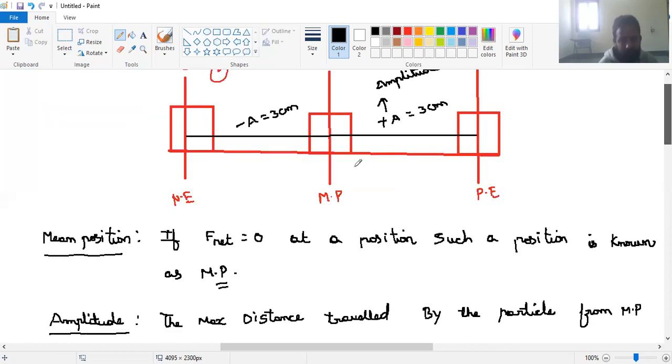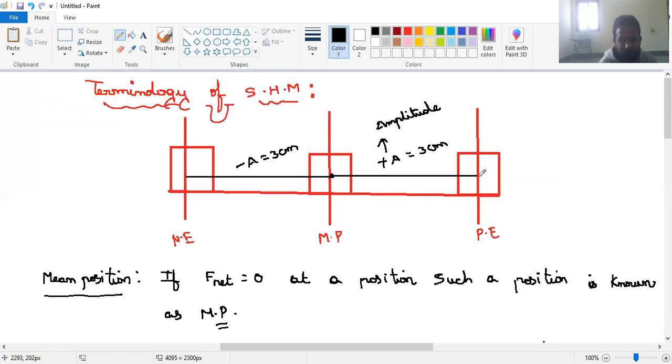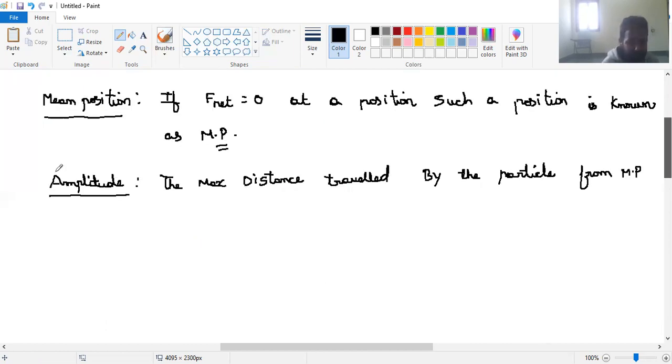So see, this is the maximum distance from here to here. So amplitude is the maximum distance from mean position to positive extreme, or from mean position to negative extreme. We call it amplitude.